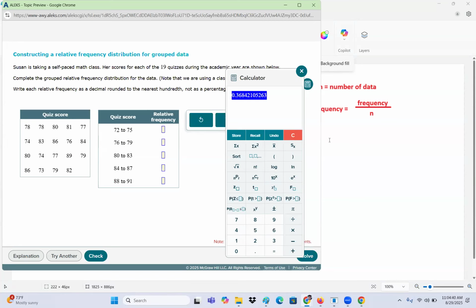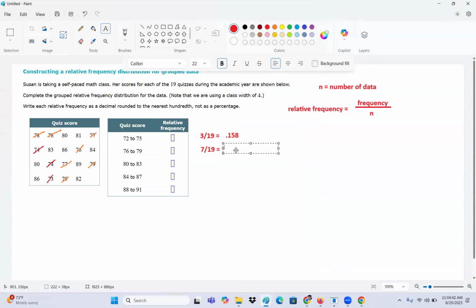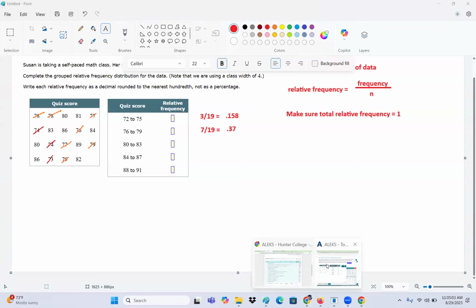So we get 0.36, 0.37. Make sure the total relative frequency has to add up to 100%, so it has to be equal to 1. All right, I feel like that's pretty much it.